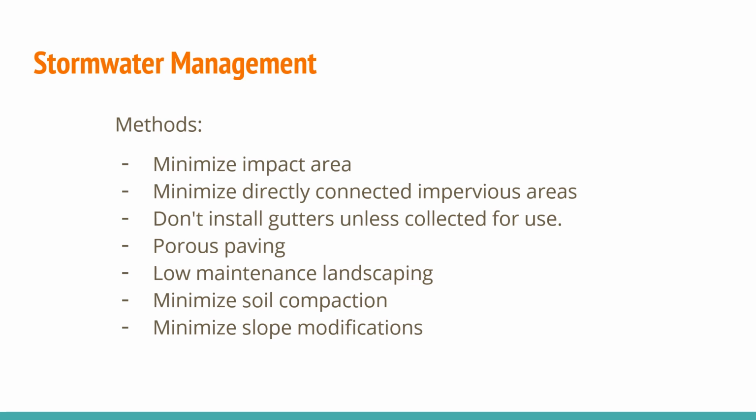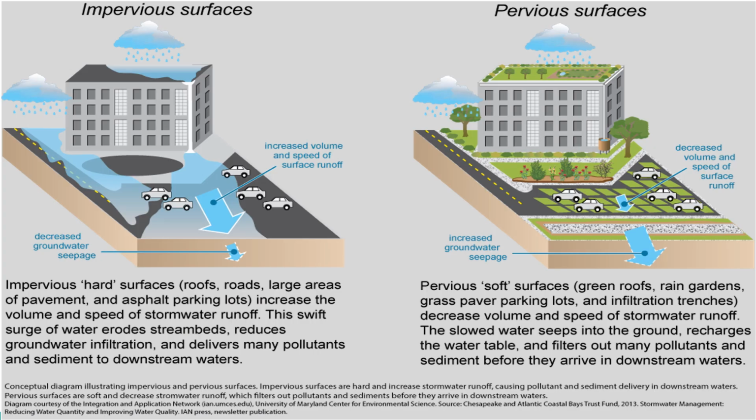In addition, we want porous paving, which takes some of those impervious areas and changes them to more pervious ones. We have low maintenance landscaping or xeriscaping, and through that we're minimizing soil compaction and minimizing slope modification so that we know where the water is going to flow and where it's going to pool so that it isn't unnecessarily pooling in any other areas that could potentially destroy the built or unbuilt environment.